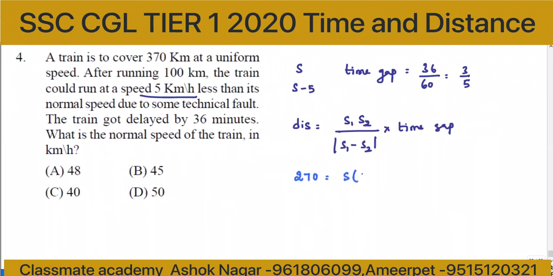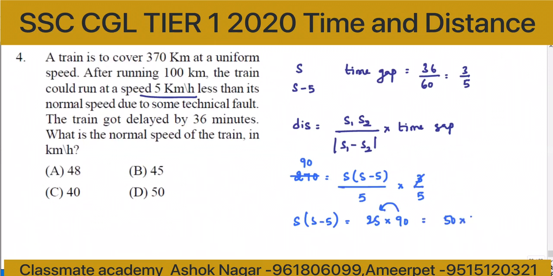S into S minus 5 by 5 into 3/5. S into S minus 5 is equal to 25 into 90. This 2 you take it here. Can I also write it as 50 into 45?